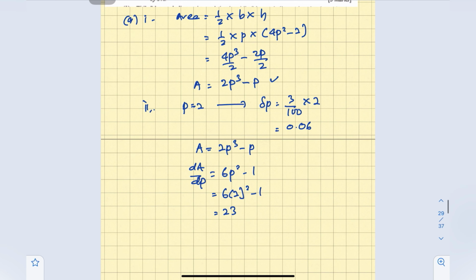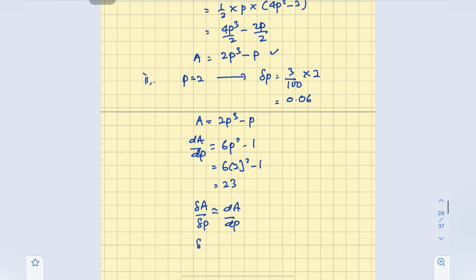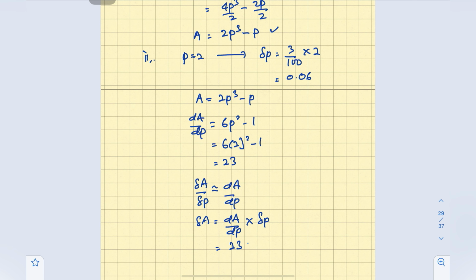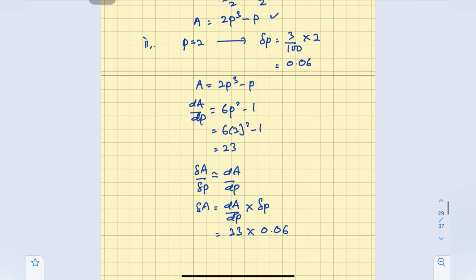To find delta A, delta A is approximately dA/dP times delta P. dA/dP is 23, delta P is 0.06. So the answer is 1.38. This is the value of delta A.